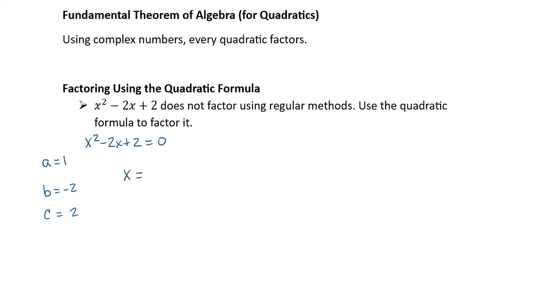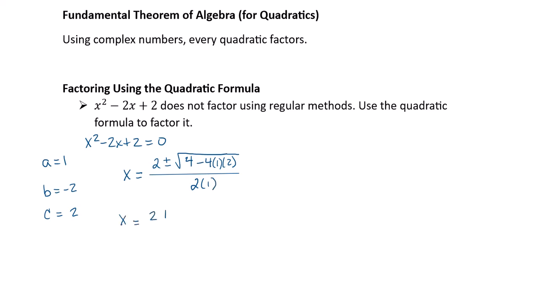Now x is going to be the opposite of b plus or minus the square root of b squared minus 4 times a times c, and that's all over 2 times a.